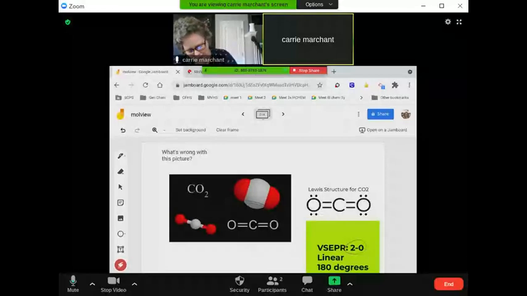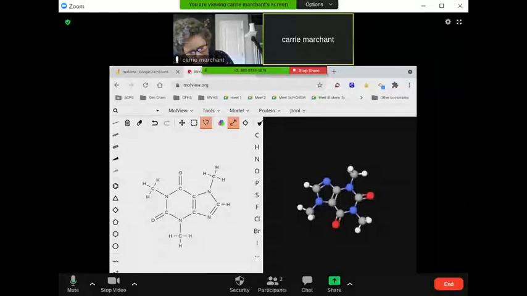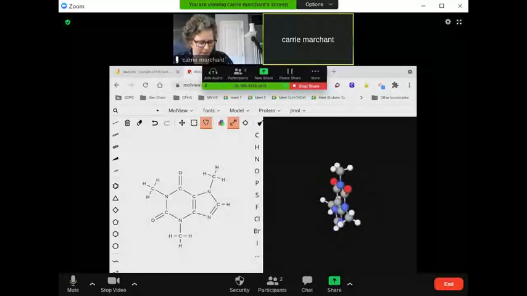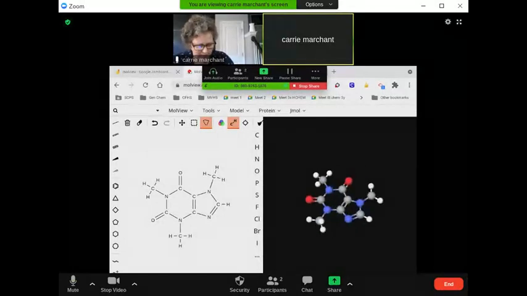Now we're going to go to molview.org. I know you guys are going to want to play around on here, but pay attention just to the first part. On this other side, this is called the model space on the right, and you can rotate your molecule around. If you look at it when it's flat here, notice the red one has a double bond.